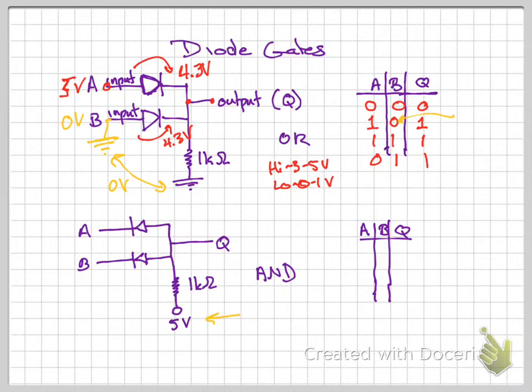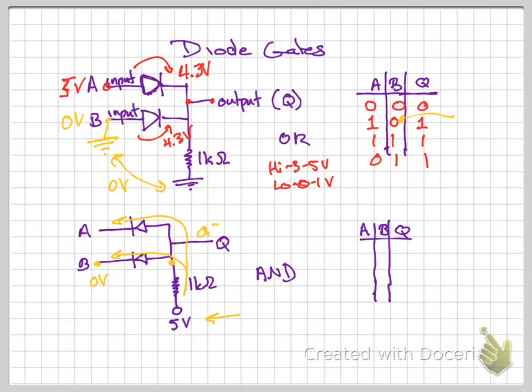This gate has a 5 volt power supply all the time. If A and B are 5 volts, there's not going to be any current flowing in this circuit. If either A or B is grounded, then there's going to be current flowing through the circuit to whichever one is grounded, or both. And therefore, that's going to be 0 volts, and this is going to be 0.7 volts.